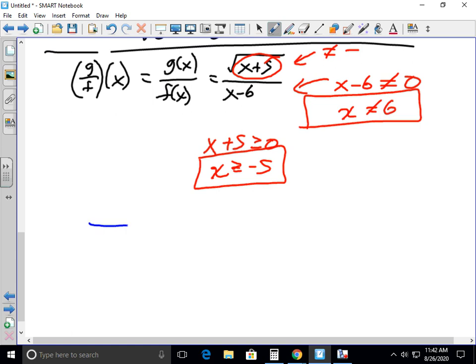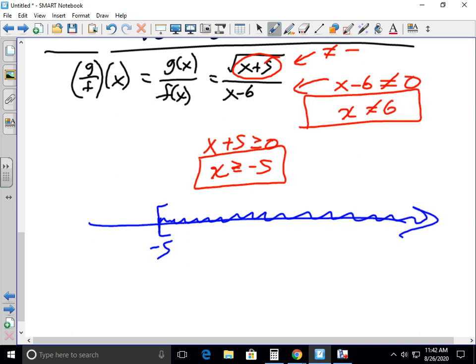Let's look at a number line real quickly. If -5 is here, greater than -5 is all of this, equal to -5 is that, but 6 is not allowed to be part of it. So if 6 is over here, that one is not included. So it's all of this, it's all of that.